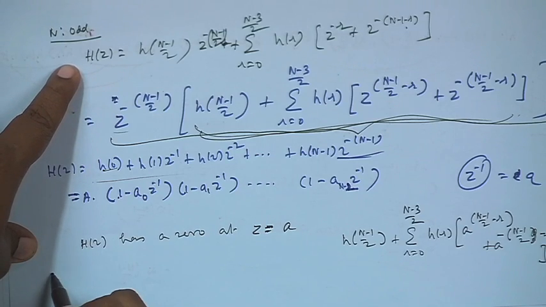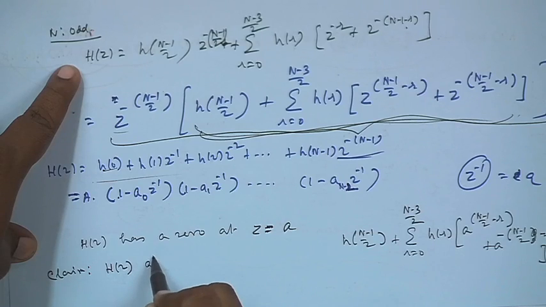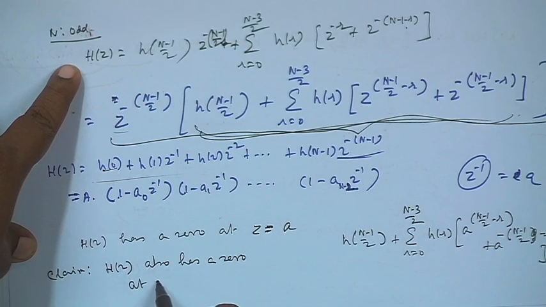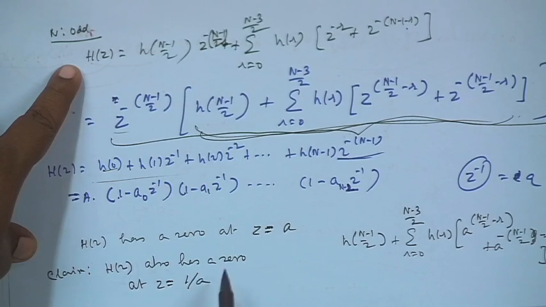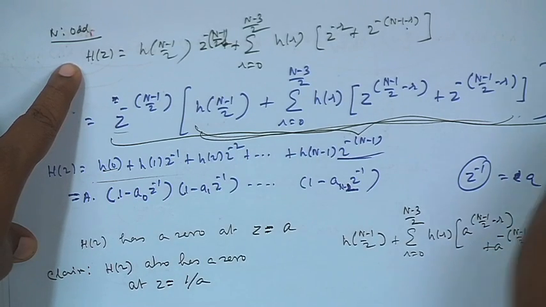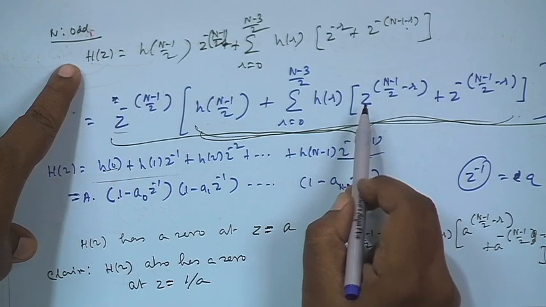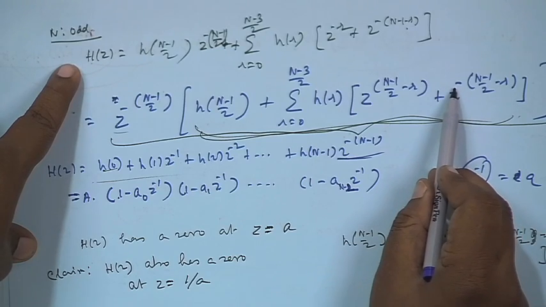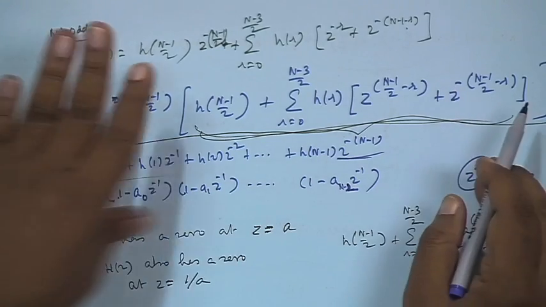Then my claim is H(z) also has a 0 at z equal to 1 by a, because if you put 1 by a here inside, what will happen? 1 by a means a to the power minus this, and z equal to 1 by a means a to the power plus this. Okay, I do not have to write it.